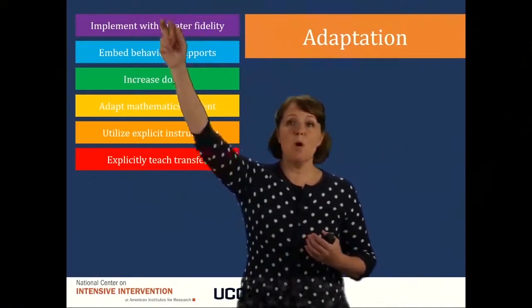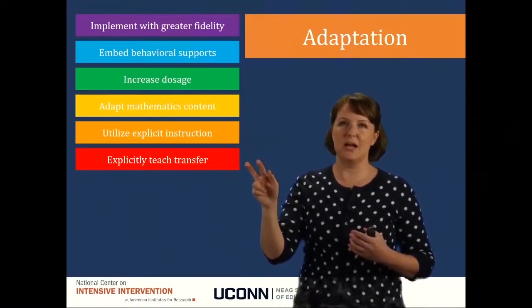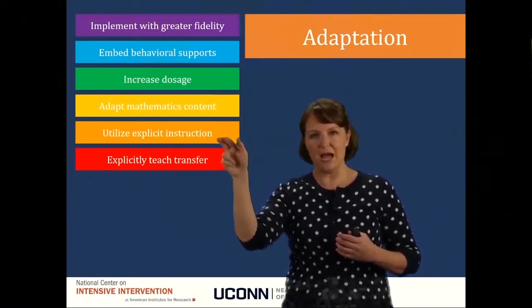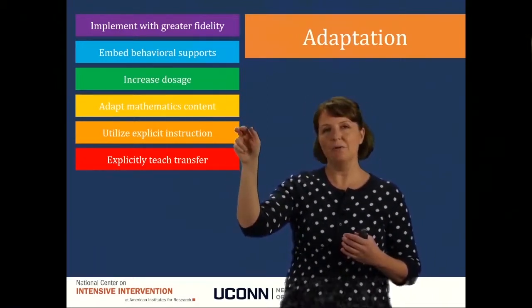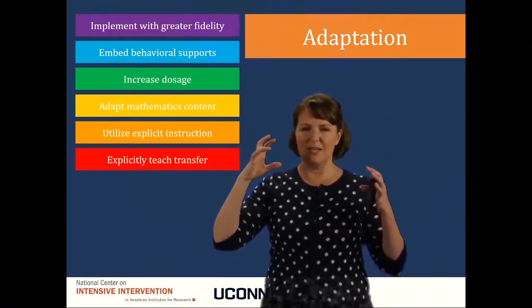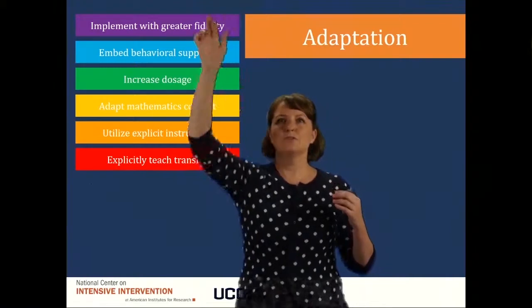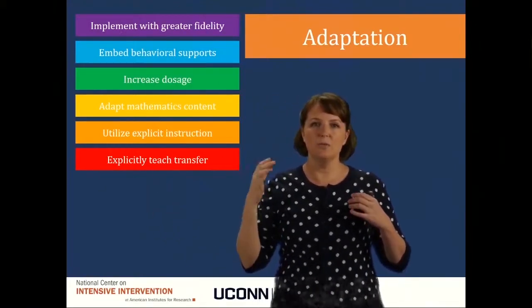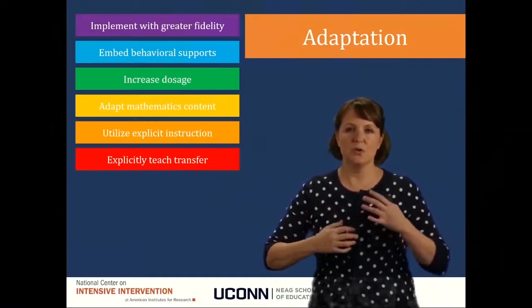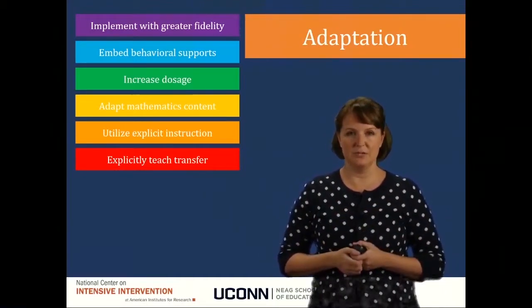Now you're not going to do all of these adaptations at one time. You might pick 2 and focus on those and then see how it goes and then add another one in and drop one out. But you've got to think about this as your toolbox. Your toolbox is getting filled with all of these adaptations, and you need to pull out those tools when it's necessary for different students.